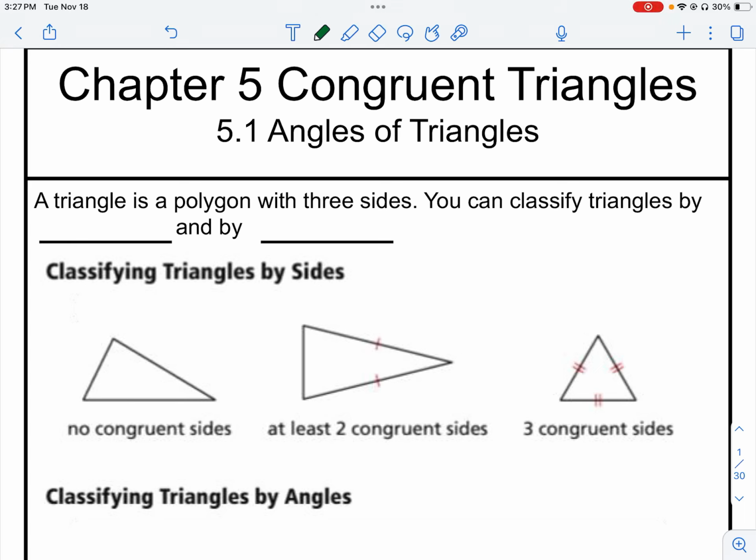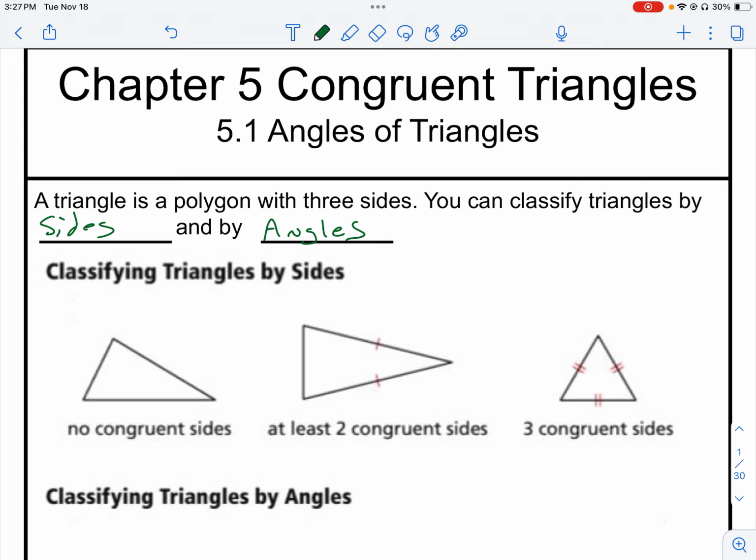All right, so let's talk about triangles and the angles of triangles. A triangle is a polygon with three sides, and we can classify triangles by the sides and by the angles. When we classify by the sides, we want to classify it by how many congruent sides it has.